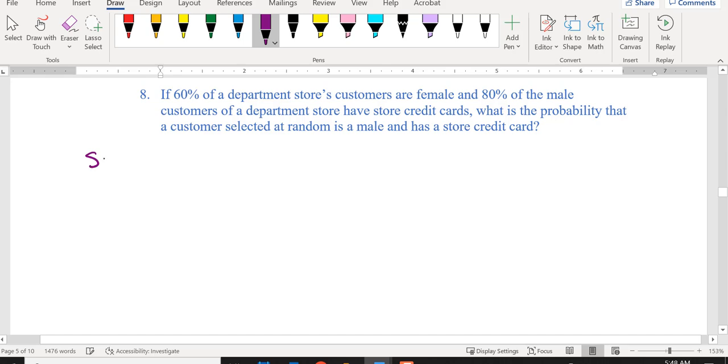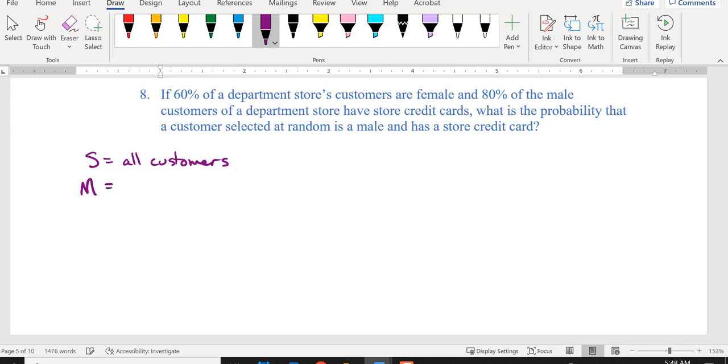So here we go. S was all customers. We're going to let M be that the customer is male, and C be the event that the customer has a credit card.